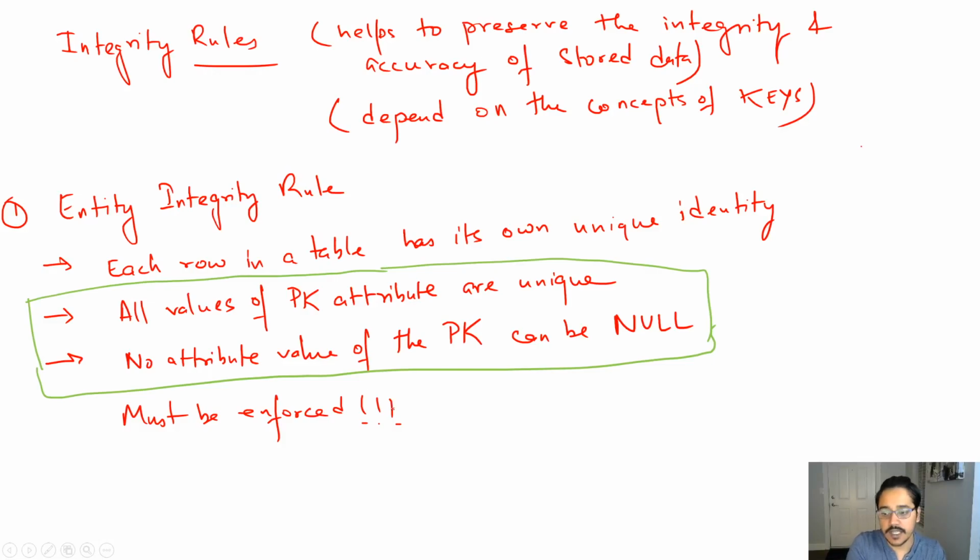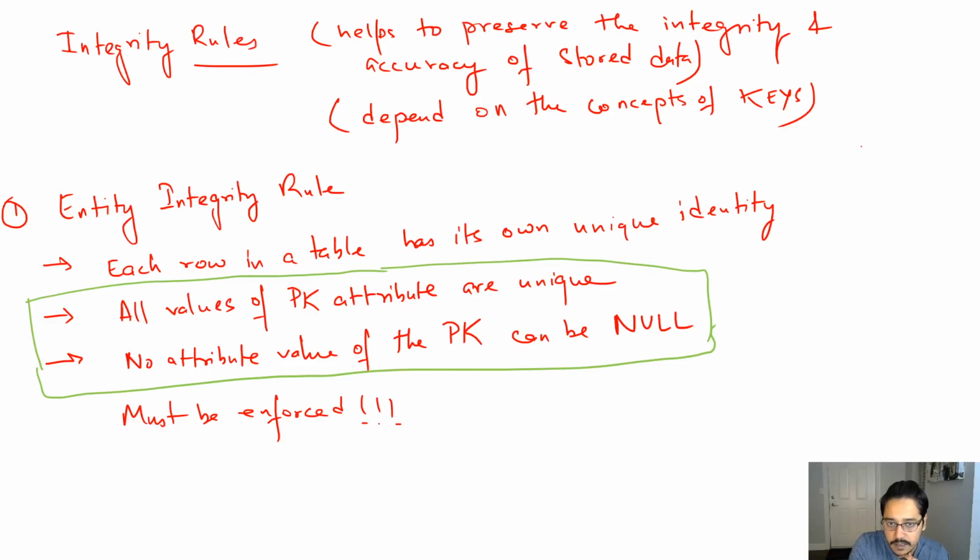So in some cases, there might be situations where null values cannot be avoided as such. Keep in mind that then you can provide certain flags or certain ways in which you can evaluate whether it is null or not. But let's not go there.